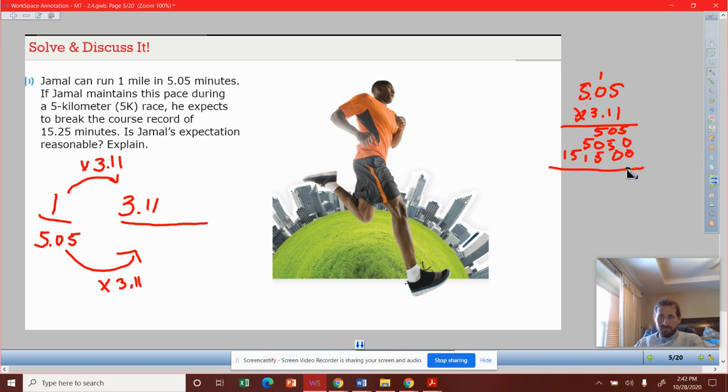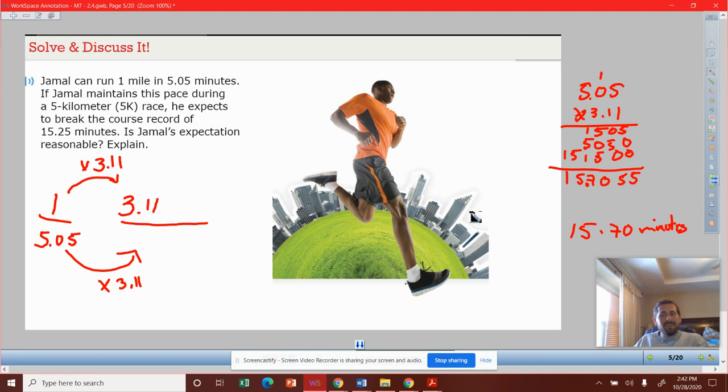And now we can add this up. 5, 5, 10, 7, 5, 1. And then we need to move the decimal place. 1, 2, 3, 4. So 15.7 minutes.